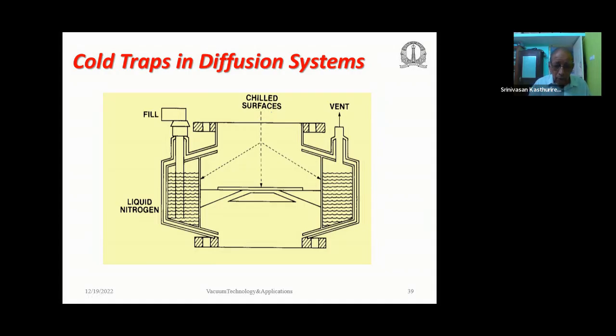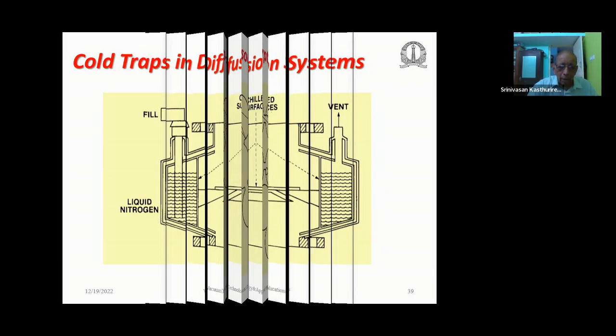Okay. So it will get fixed and form a certain layer. So the gas is now trapped on the surface of the metal surfaces, which are cooled to low temperature, the chilled surfaces. So they are called cold traps, okay? Because by cooling, you are able to trap all the gas molecules. So they are called cold traps, right?